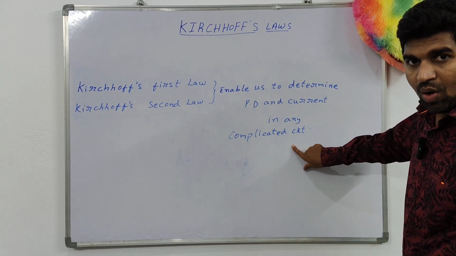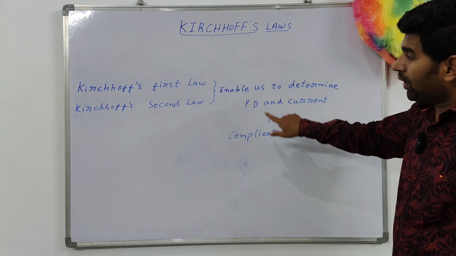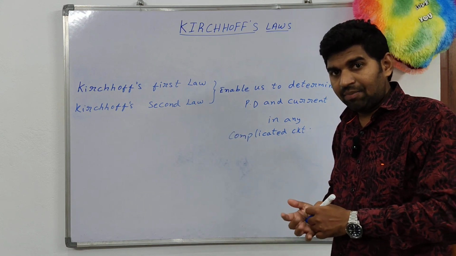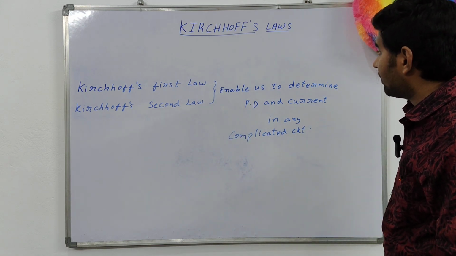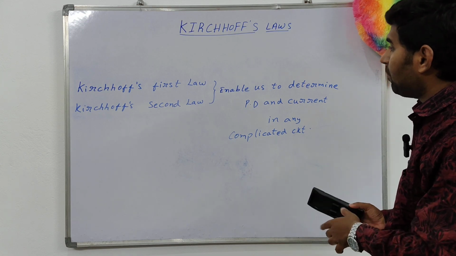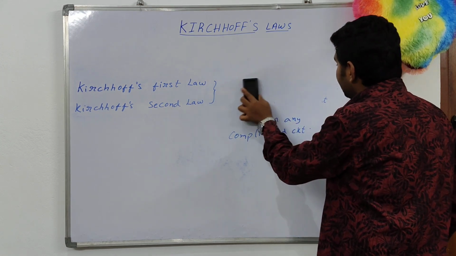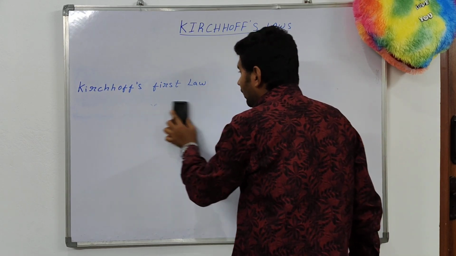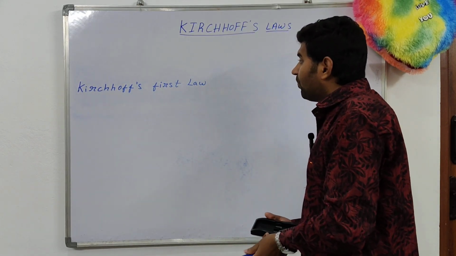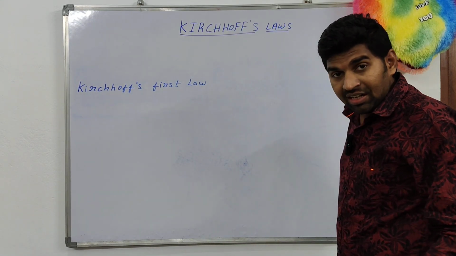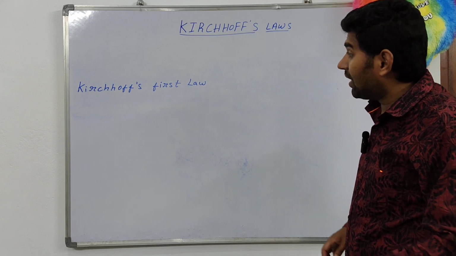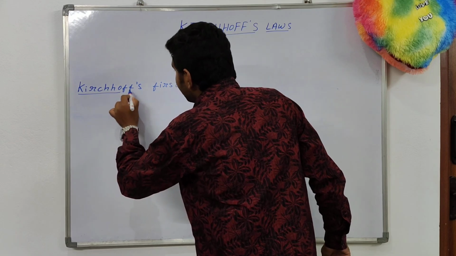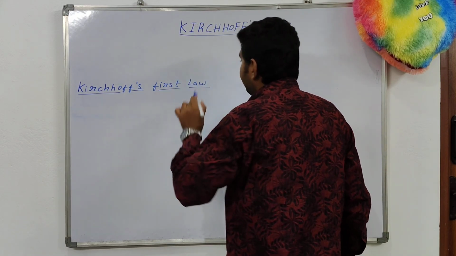For solving complicated circuits, we must know Kirchhoff's first law and second law. This is the purpose of knowing these laws. In this session, I am going to explain Kirchhoff's first law. Now you know the reason why we have to learn this concept. With the help of these laws, we can solve circuits very easily.